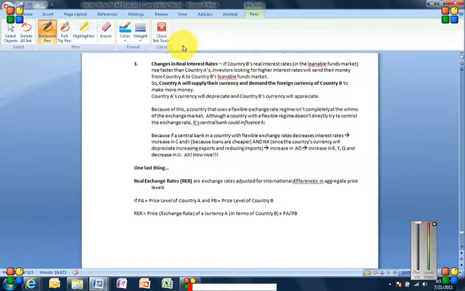Although a country with a flexible regime doesn't directly try to control the exchange rate, its central bank could influence it. Because a central bank in a country with flexible exchange rates can decrease its interest rates, from the monetary policy unit that a central bank like the Fed in the United States can influence interest rates. You know about the tools that it has at its disposal to do so.